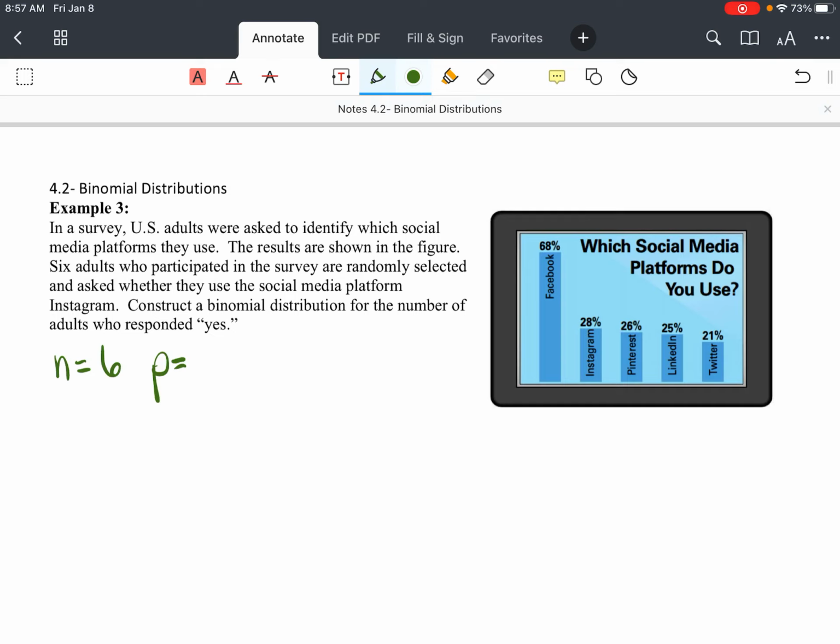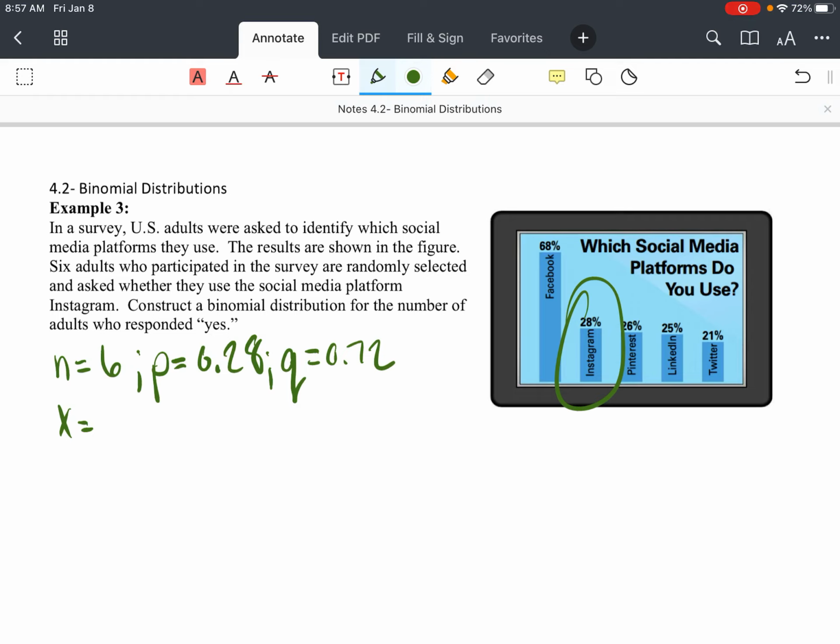The probability of success is the probability of people who say they do use Instagram, so that would be 0.28, which means that the probability of failure would be 1 minus 0.28, which is 0.72. And then we need to know what the x's are.